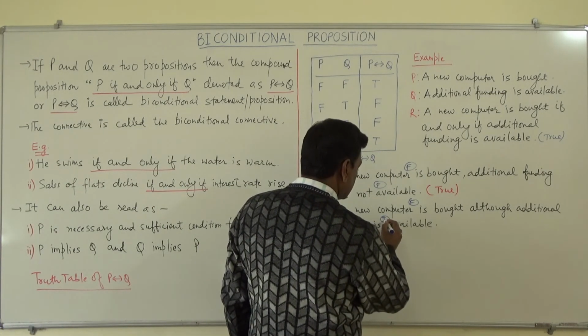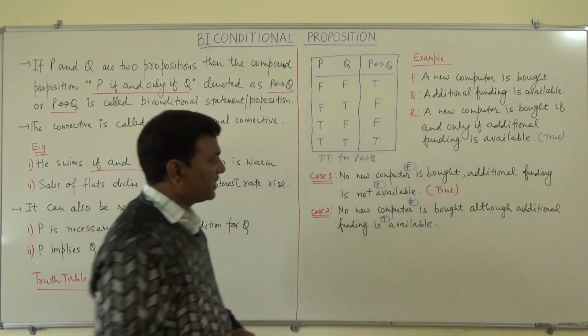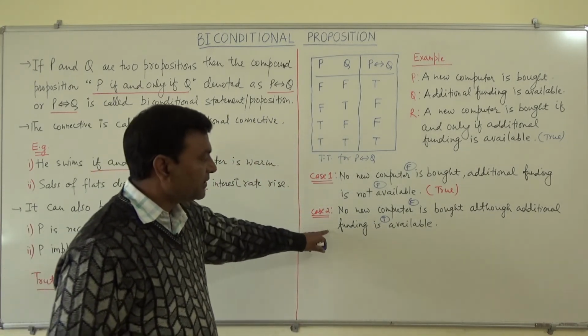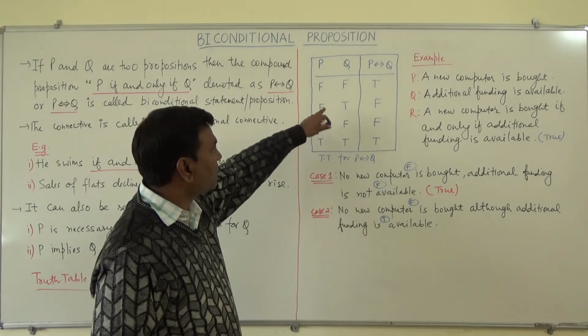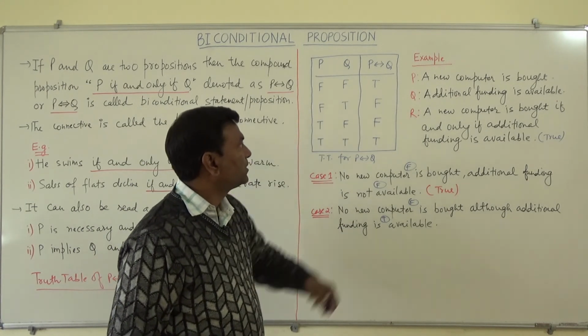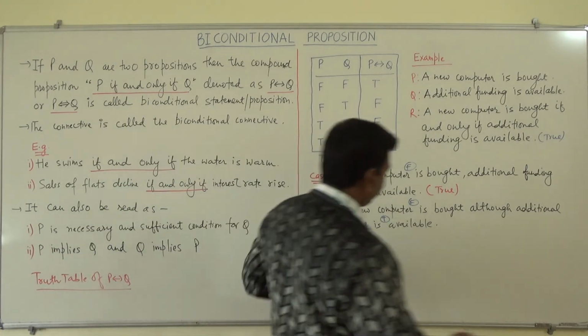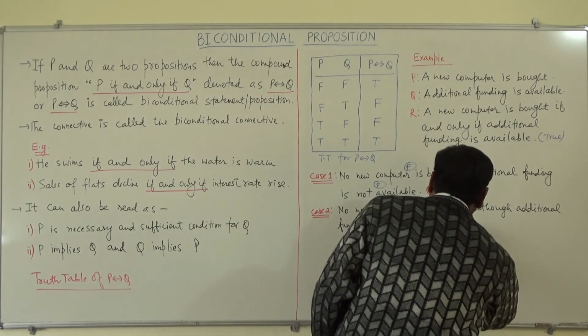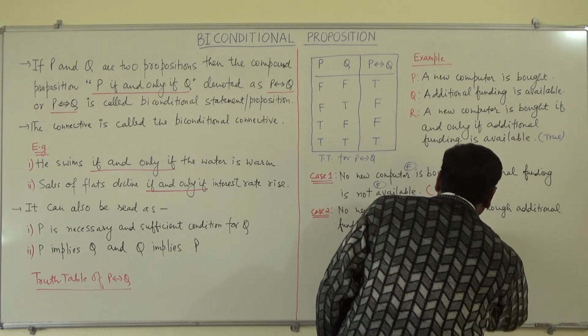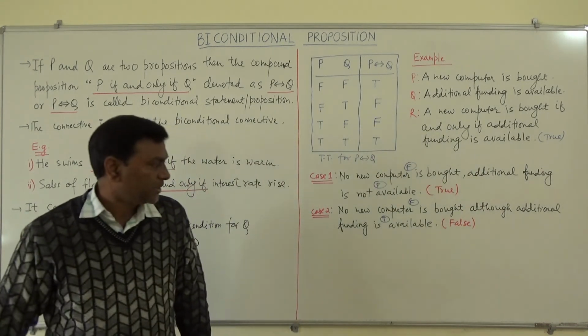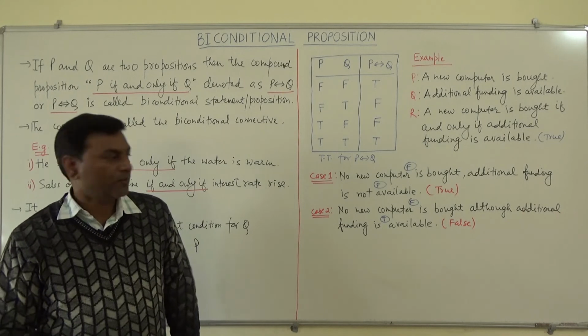So when P is false and Q is true, this is false. So we can write here, this R will be false. So in case 2, R is false.